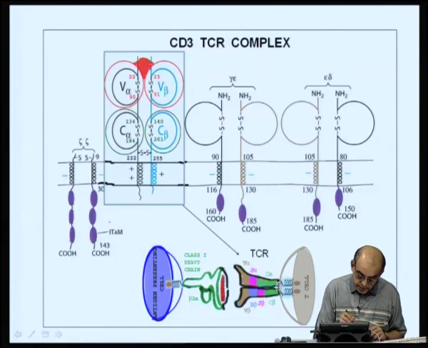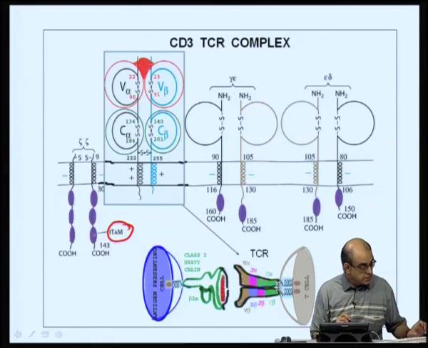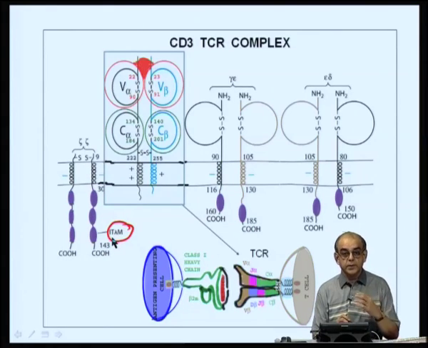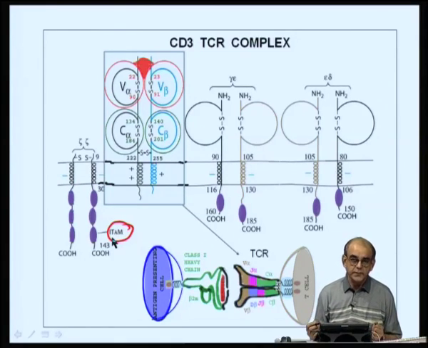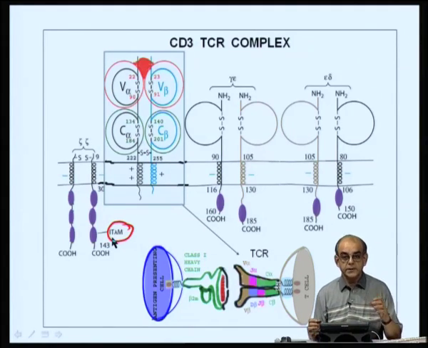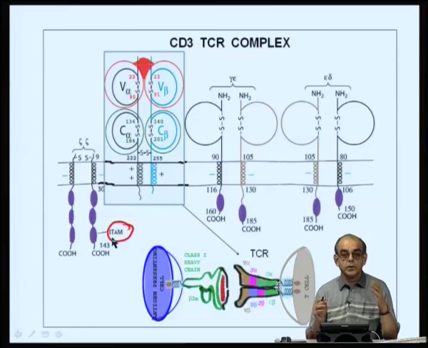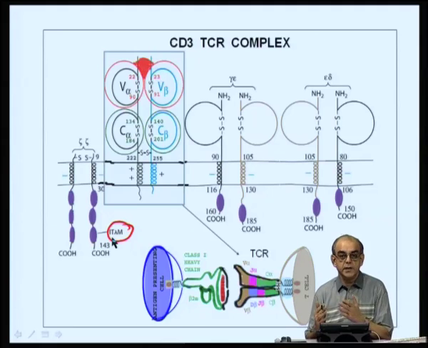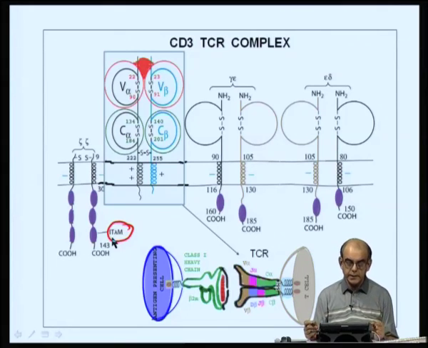So, these contain tyrosines that get phosphorylated in response to various signaling events, and phosphorylation is one of the most important modification events that result in the transmembrane signaling that modulates genes, downstream events that modulate genes and therefore give rise to different kinds of protein products derived from those genes. We will come to that a little later on.